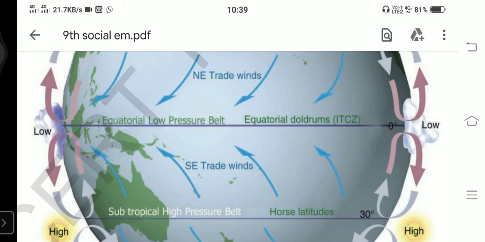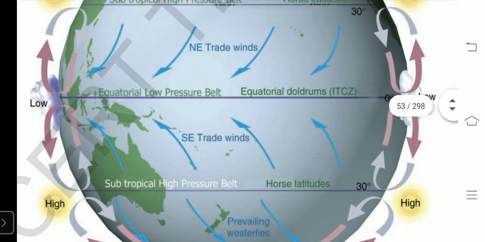We see that the polar regions are different. In the polar region, due to less insolation, it is too cold. So it is not a suitable place for living.